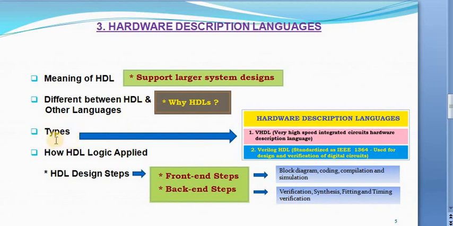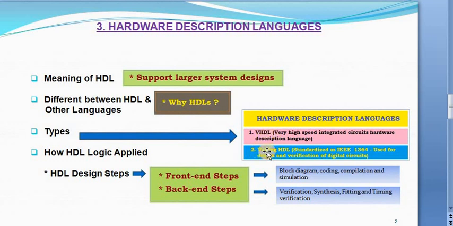Now next question, what are the various types of hardware description languages, or HDLs? As you see on the slide, there are two types: VHDL and Verilog HDL. VHDL stands for Very High Speed Integrated Circuits Hardware Description Language. It is also sometimes referred to as VHSIC HDL, which was developed by the US Department of Defense.